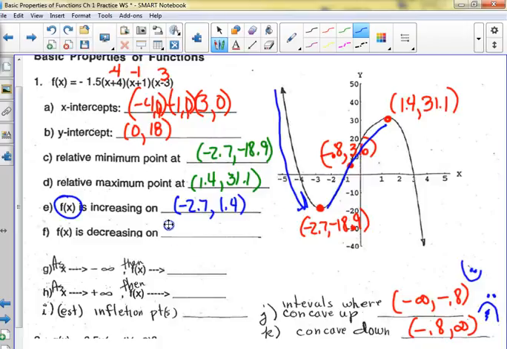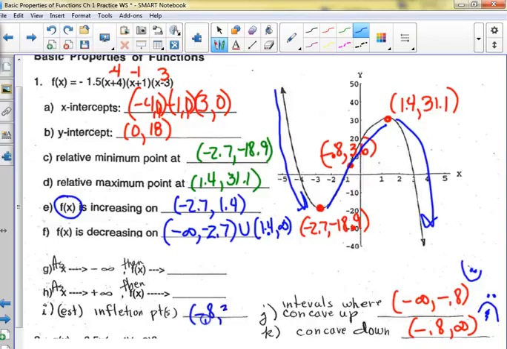It goes down from where to where? And it goes down again from 1.4 to infinity. Why is that not a negative infinity? It's going down. We're talking about x. It's going to the right. Good answers both.